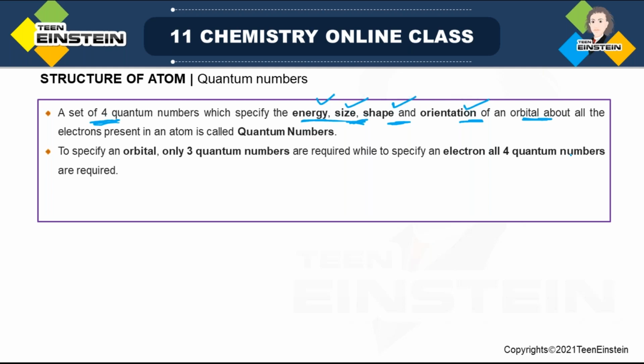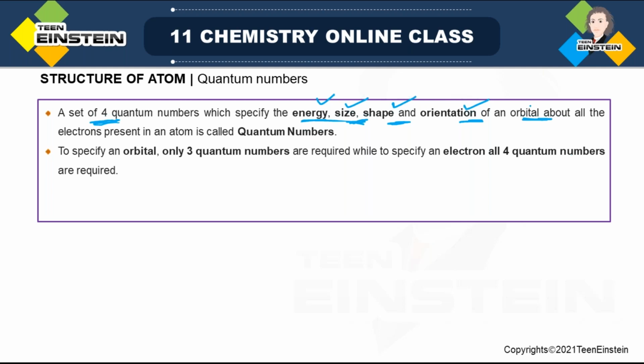If you have some doubt, it will become clear gradually when we see the quantum numbers one by one: how size, shape and orientation depend on them. Fine.